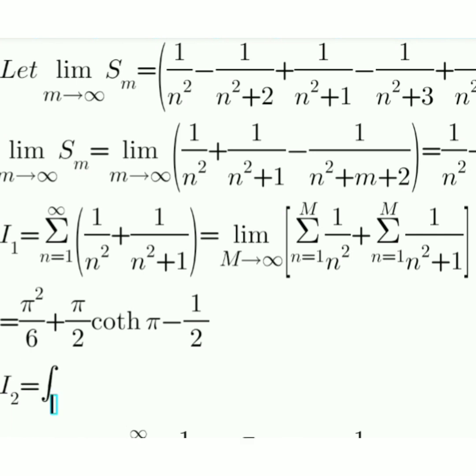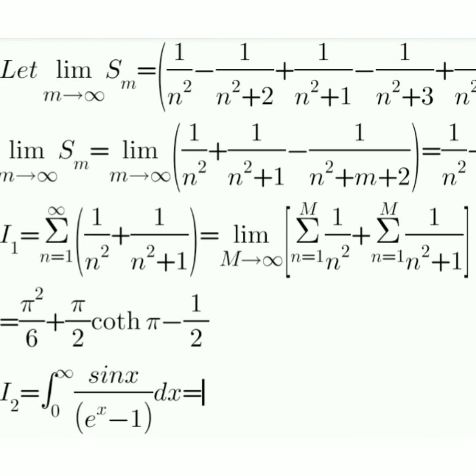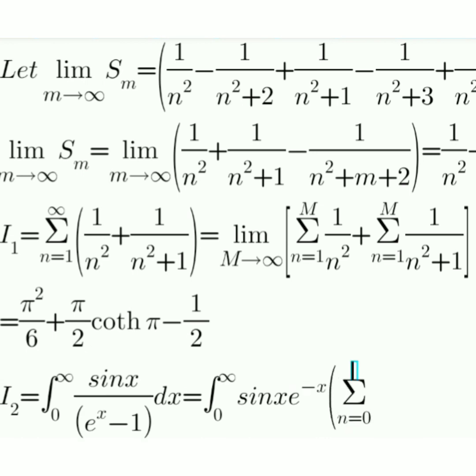Number 2, I2 is integral 0 to infinity, e to the power x minus 1 into dx, equals to integral 0 to infinity, sin x can be written, I write sin x, and it can be written e to the power minus x into summation n equals to 0 to infinity, e to the power minus nx dx.